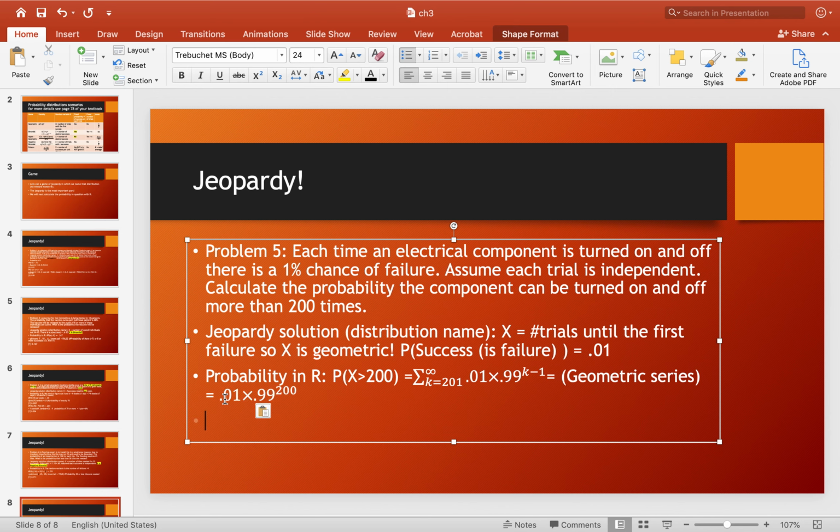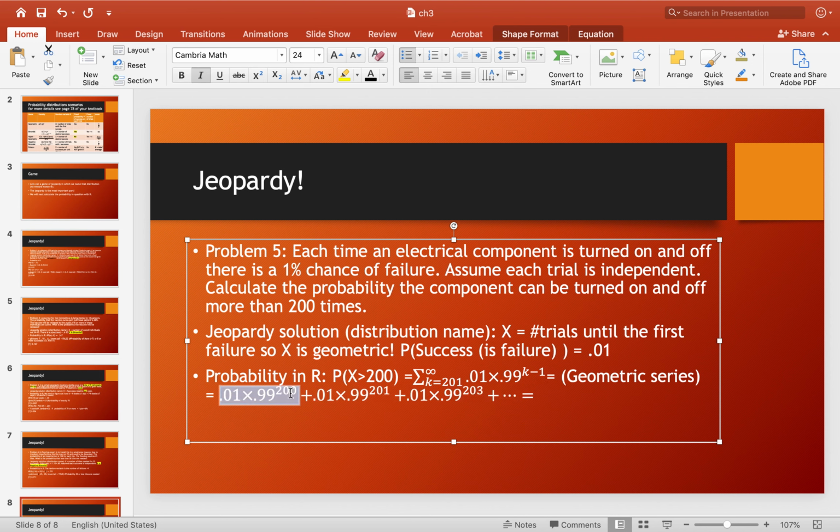Now my second term, when k is equal to 202, this will be 201 plus 203 plus, it keeps going forever. But we can figure out that sum from the geometric series.